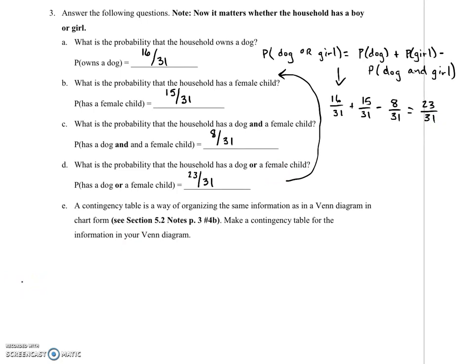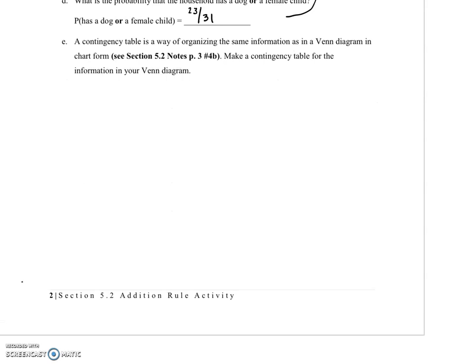So now, let's take the information from the Venn diagram and make what we call a contingency table. So a contingency table is just a way of organizing this in chart form. So I'm going to say we have boy children and we have girl children.